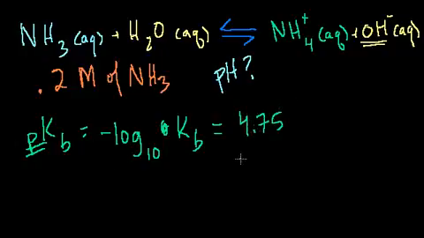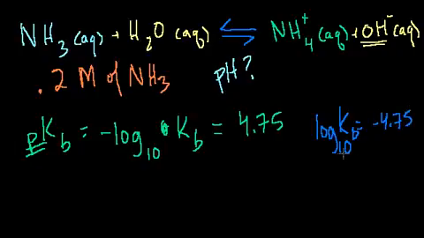So we can just do a little bit of math here to solve for the equilibrium constant. If we multiply both sides by negative, you get log base 10 of our equilibrium constant for this base reaction, that's why the B is there, is equal to minus 4.75, or 10 to the minus 4.75 should be Kb. So Kb is equal to 10 to the minus 4.75.